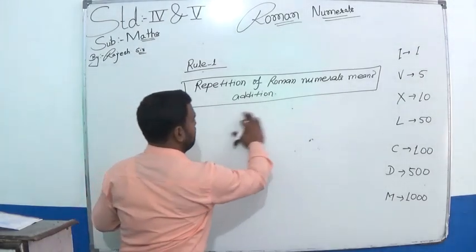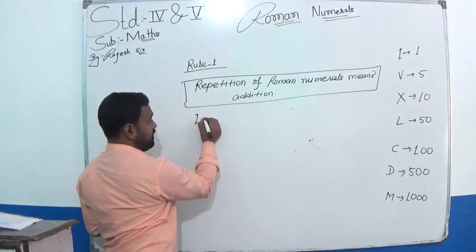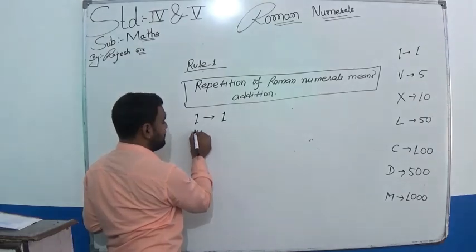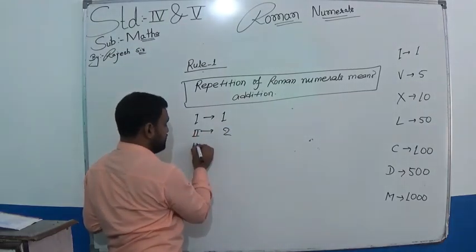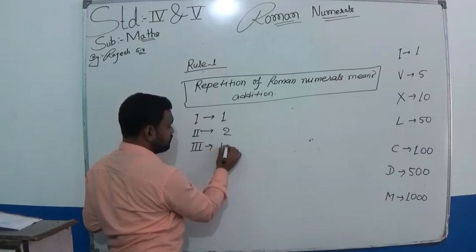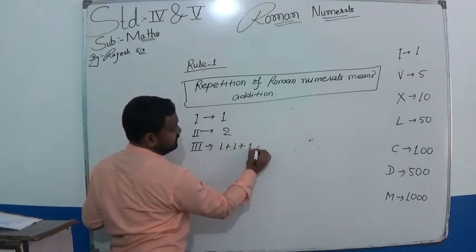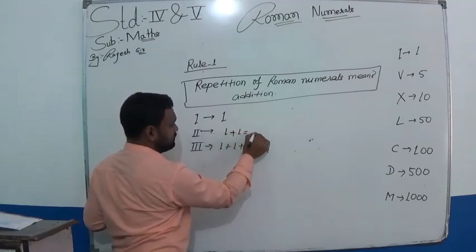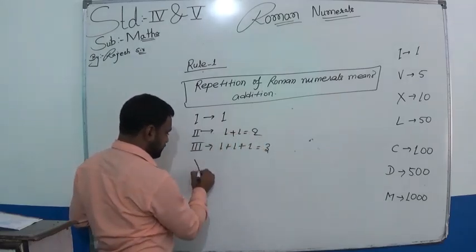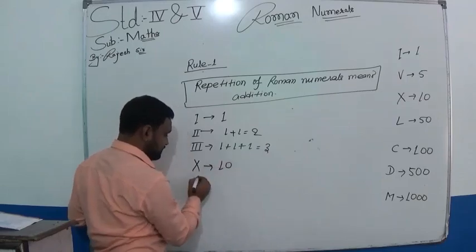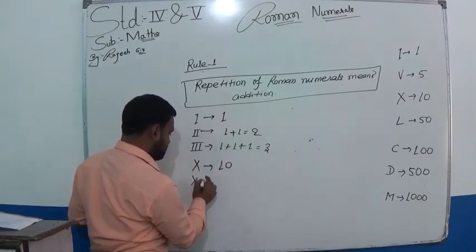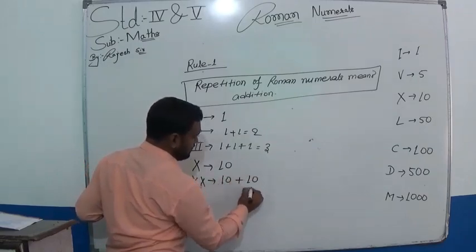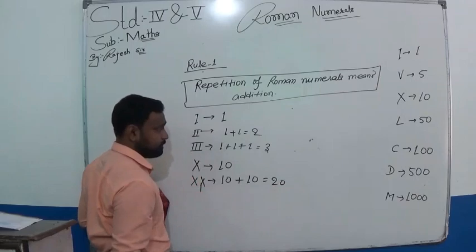See how. 1 time I is 1, 2 times I is 2, 3 times I is 1 plus 1 plus 1, is it addition? 3. Okay, same way, X is 10, X and X, 10 plus 10, it is 20.